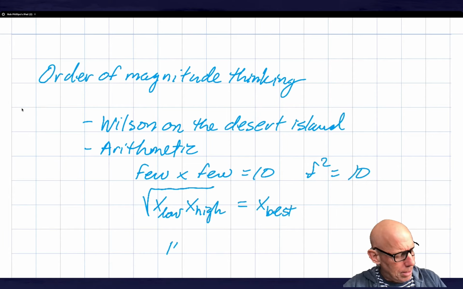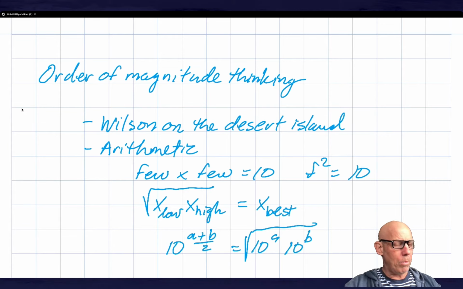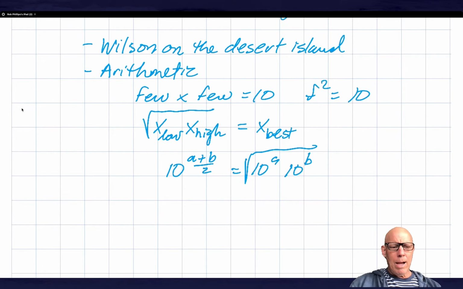This is the same as saying 10 to the a plus b over 2, where 10 to the a is guess number 1 and 10 to the b is guess number 2, and then we take the square root of those two things. So that ends up amounting to the idea of averaging exponents. Another way of saying it is we're finding the middle on a log scale. So that was the arithmetic part of this.